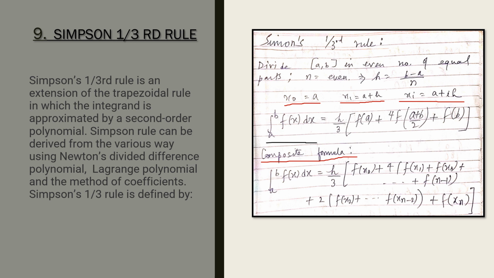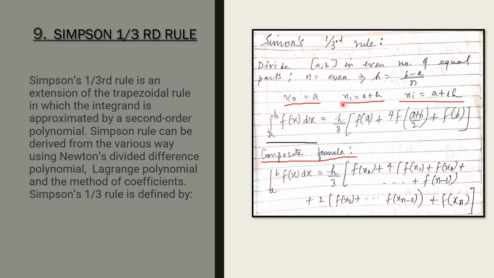But if we are given n greater than 2, we have to calculate the integration from a to b of f(x) dx equals h by 3, where h is calculated here. Then f of x naught plus 4 into all the odd terms x1, x3, and then plus 2 into all the even terms x2 up to xn minus 2, and then the remaining f of xn.